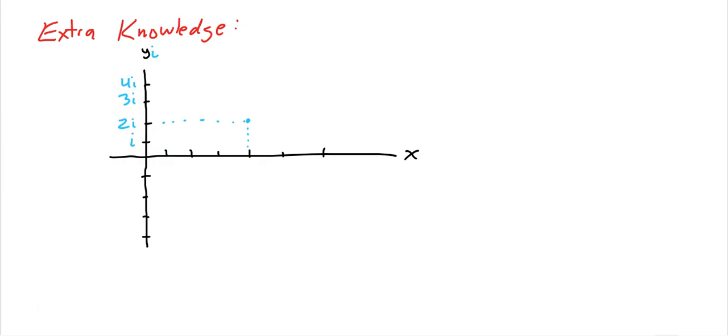This right here on your x-axis is literally just 1, 2, 3, 4, 5, 6. So to graph this, or to show this as an address, let's just put it that way, this would be written as always the x value first, 4, and then, notice I have a positive 2i, so plus 2i. That's how we show that.